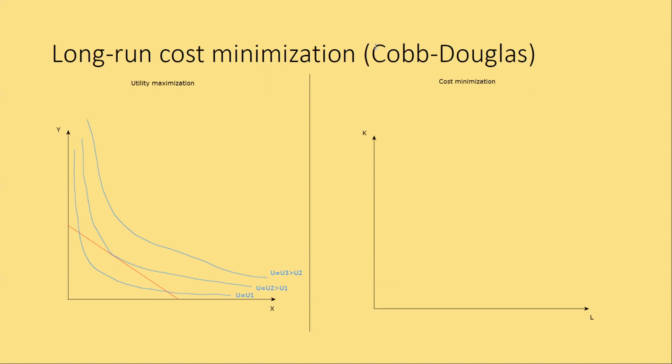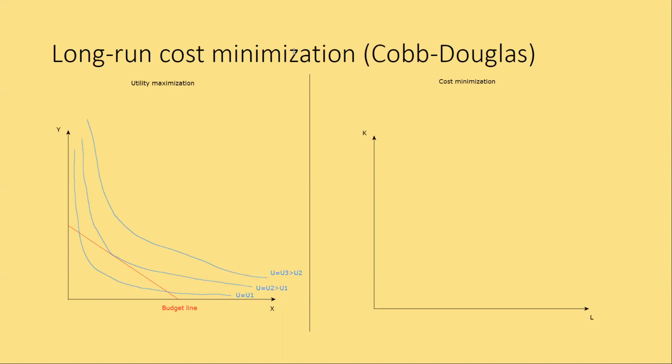And we have our budget line. And we find the point where our budget line is tangent to our indifference curve to find the optimal consumption bundle, right? That's what we did in the consumer theory.